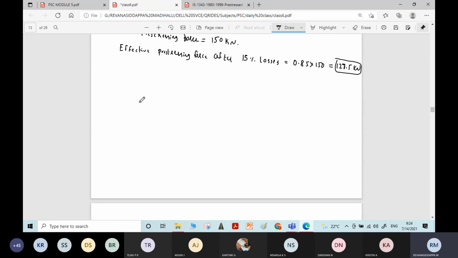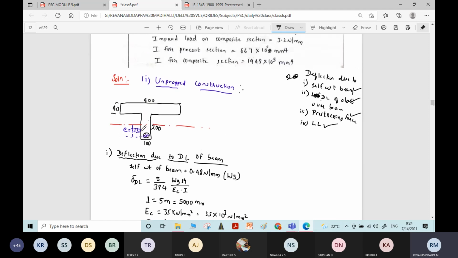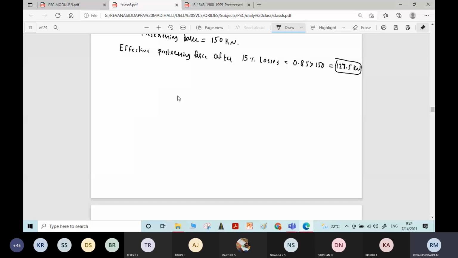Now write the diagram. It is said that there is an eccentricity of 33.33 mm. Okay. Write the figure. Longitudinal section you write. Same procedure whatever we have followed while finding the deflection of the composite beam, deflection of the normal PSC beam.